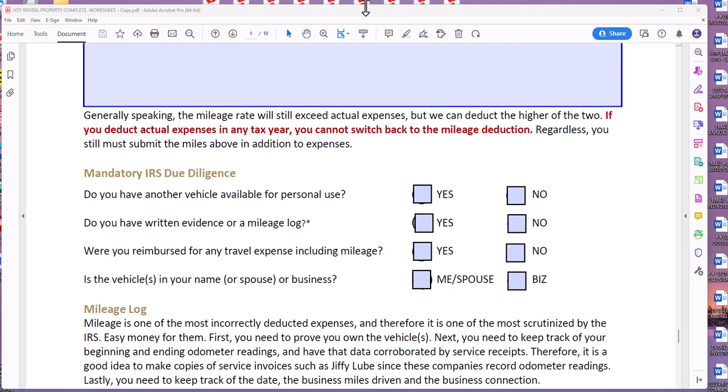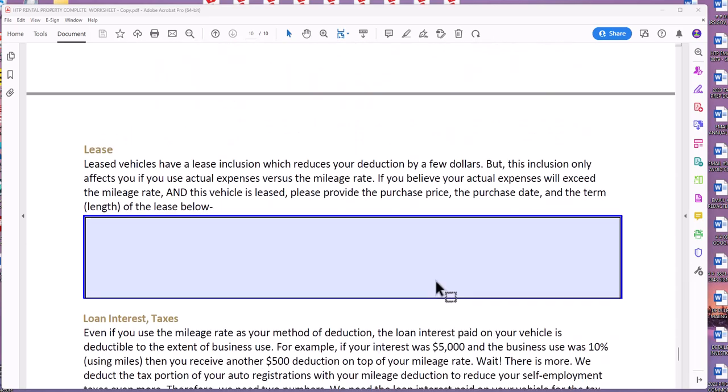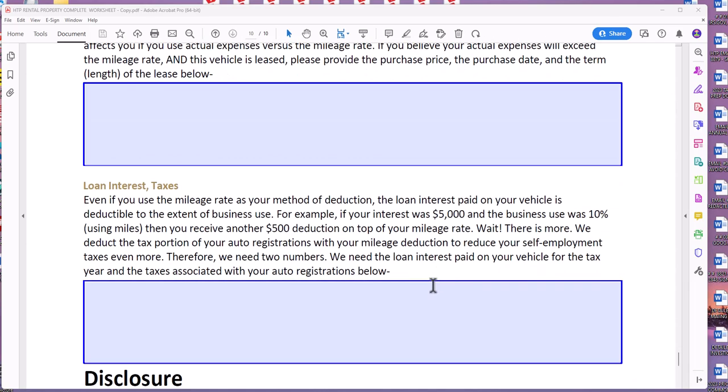Do you have another vehicle available for personal use? So, with a spouse, if you can drive your spouse's car, then yes, you do have another vehicle available for personal use. Most of you will not be reimbursed for travel expense, so obviously you're going to say no there. And the mileage log is not really super necessary when we're dealing with rentals.